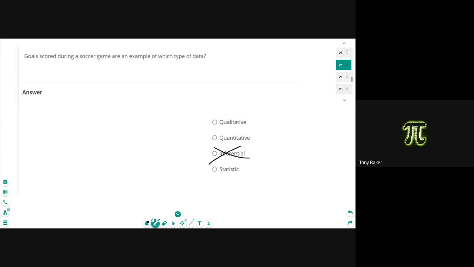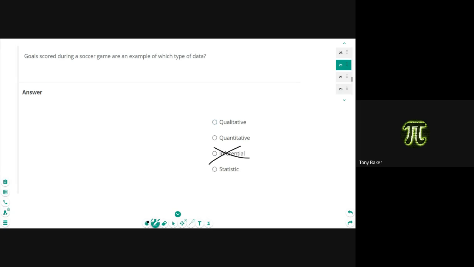So the difference has meaning, right? So would this be interval or ratio? Why? Can it be a ratio? The difference has meaning, yes.